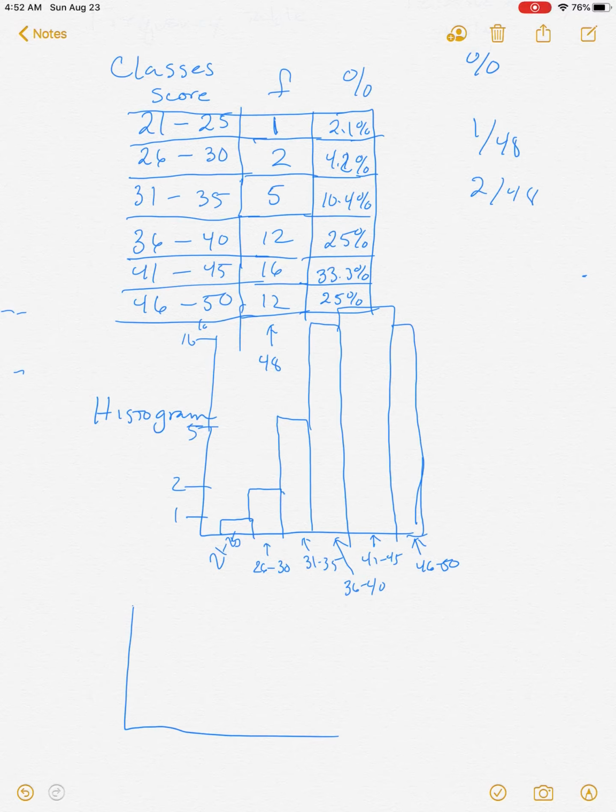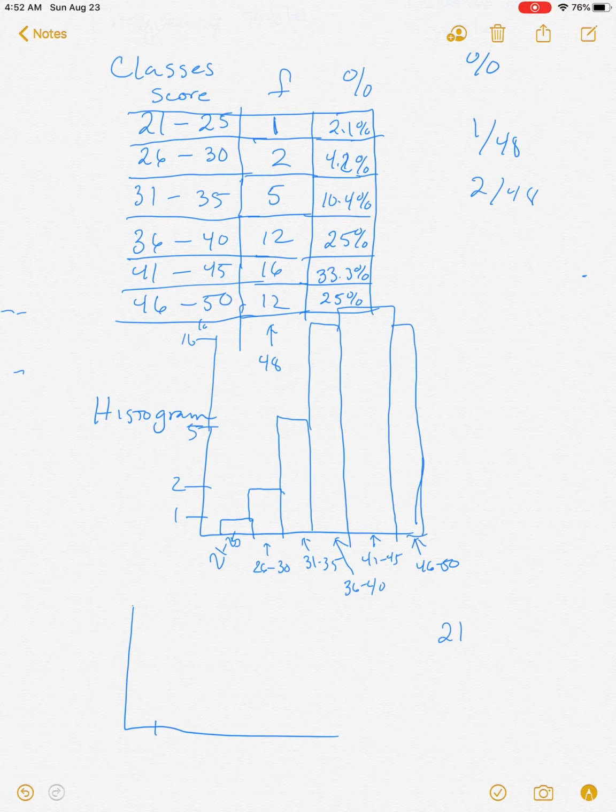And the way that you do your frequency polygon, apologize, I dropped the wording, is you go and put dots instead of these bars. And so the question is, if you have a whole range of values, 21 to 25, where do you put that dot? And that first dot comes at the average.